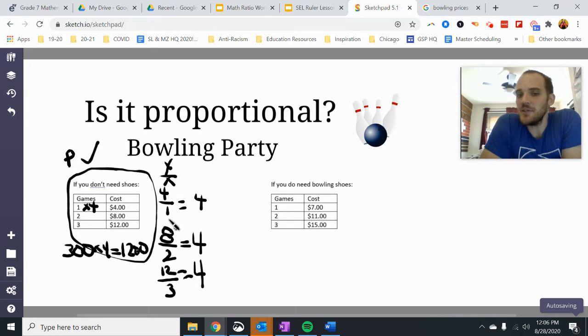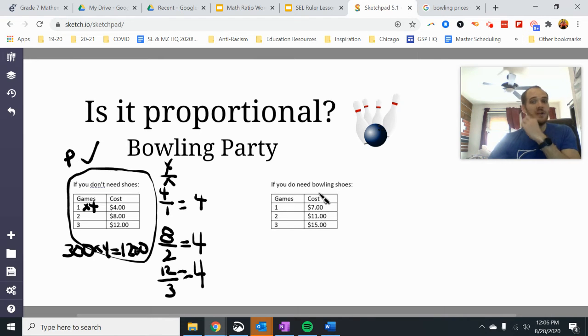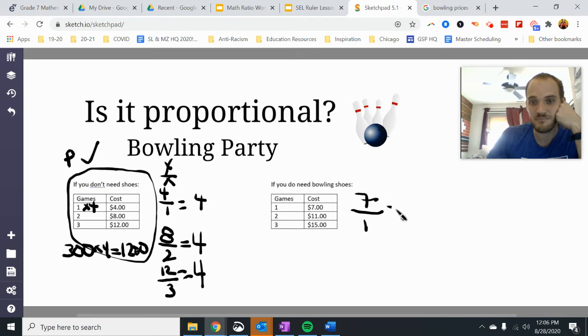Now let's take a look if I do need bowling shoes. You'll notice that the cost has increased because every time I had to add $3 for bowling shoes. So if I only bowl one game and the cost is $7 because it's $4 per game plus $3 shoes, and I find that rate, 7 divided by 1 is what?